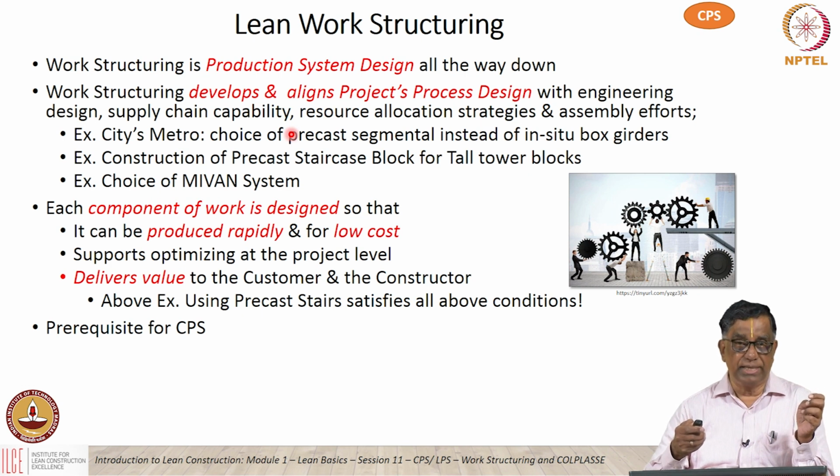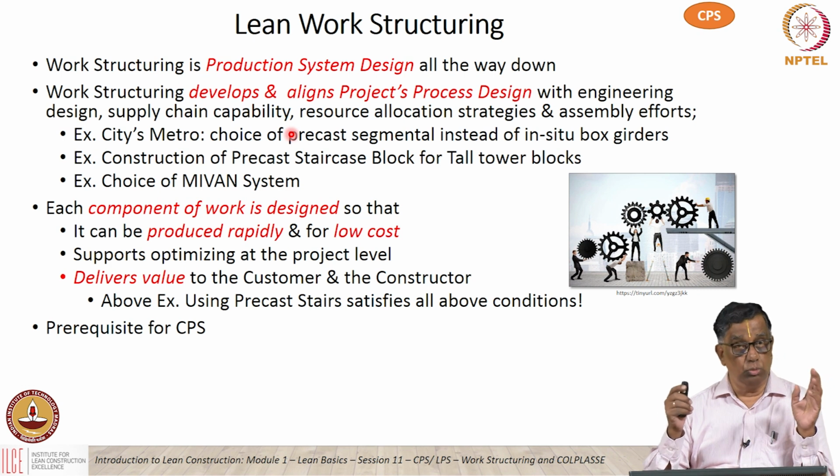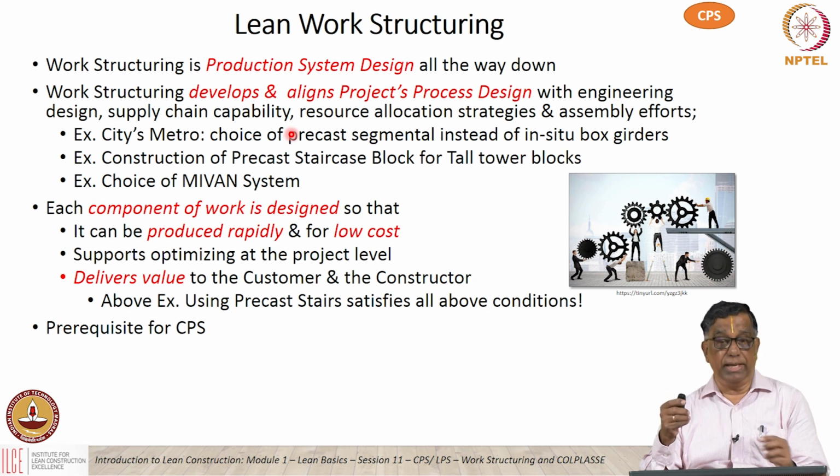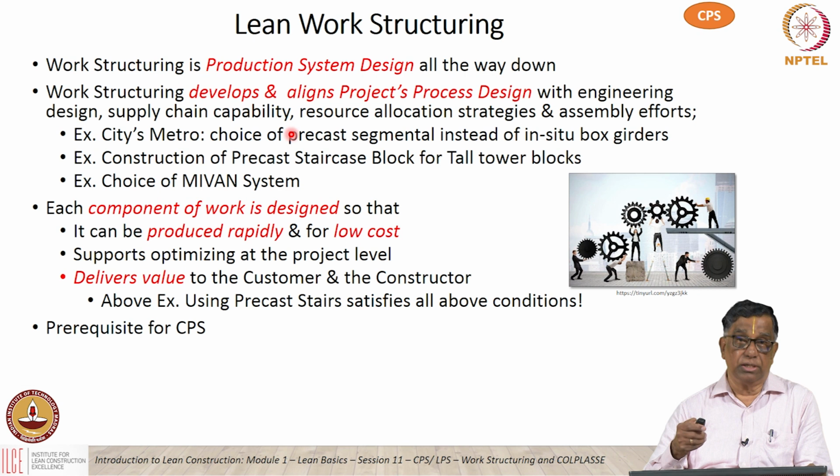The basic idea is that the various components of work can be produced rapidly and at low cost, with the right construction method, the right design and so on. Then we need to optimize at the overall project level, getting the big picture, the global picture. And it has to drive value to the customer and the constructor or the contractor as well. For example, the use of a precast concrete staircase system in a multi-story building adds value for everybody.